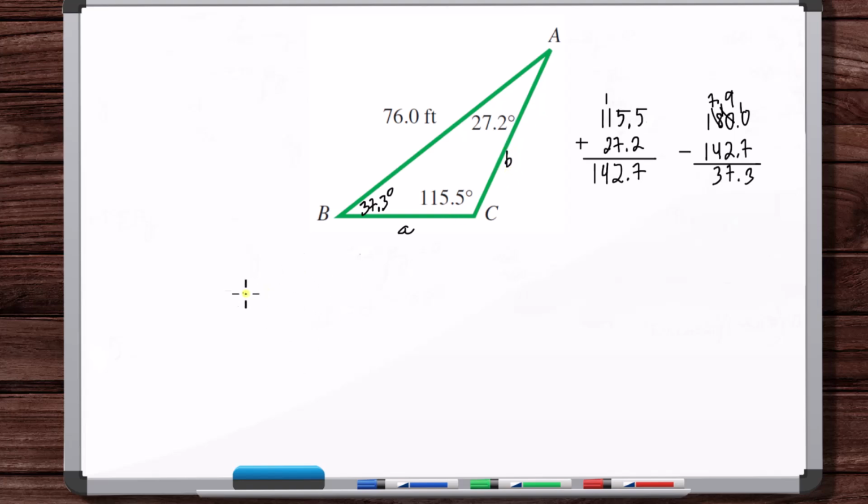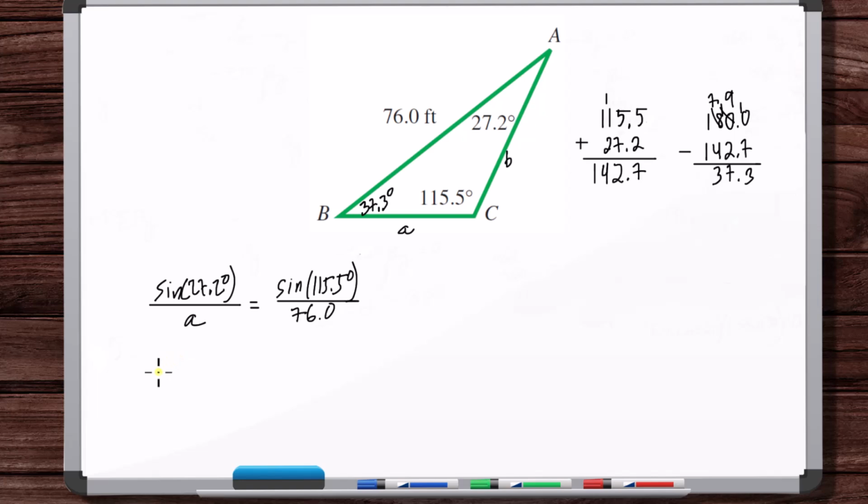So we've got sine of 27.2 degrees over side length A is equal to sine of 115.5 degrees over 76. So, okay, we can kind of do this in our heads here.